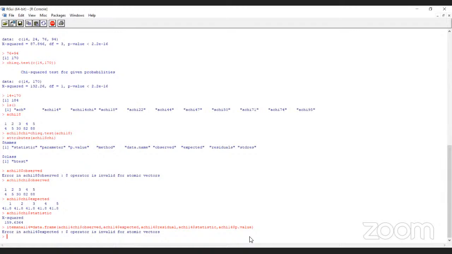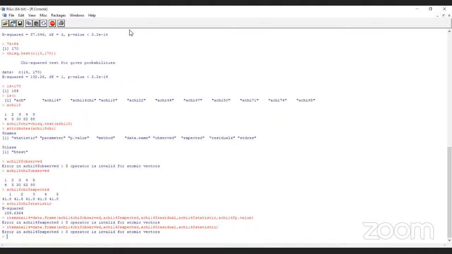You have written p value now. Okay, you remove that one. You click upward arrow, and you remove this p value. After that bracket. Then you check.